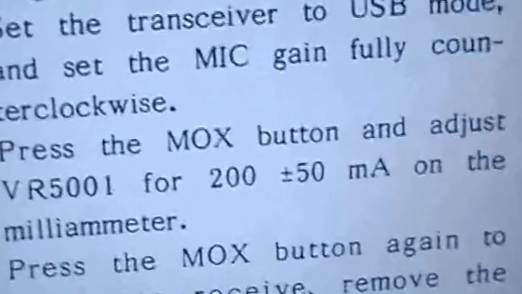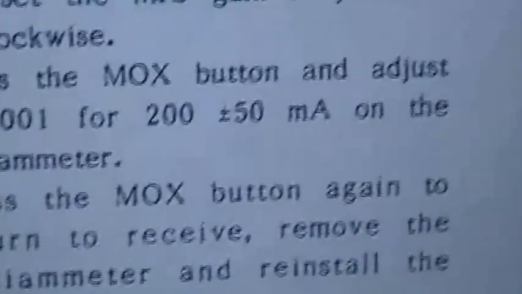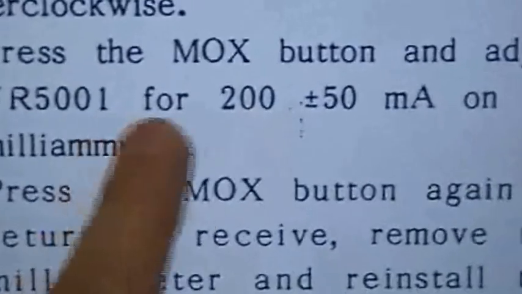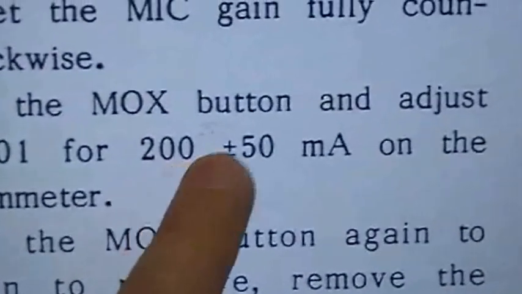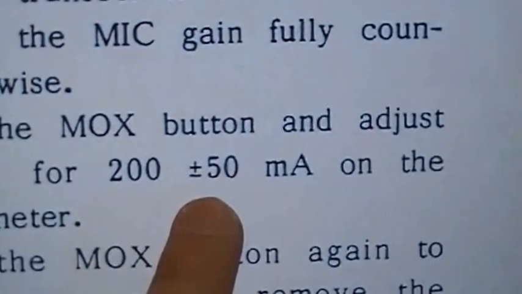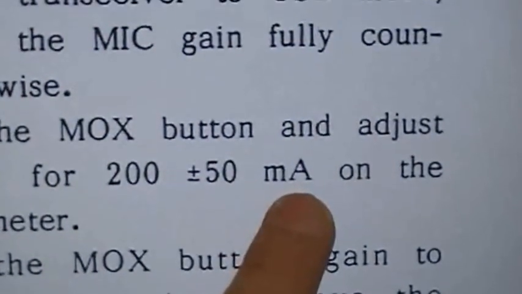So in the specification we can find that the bias should be 200 plus minus 50 milliamps, so that should be bias.